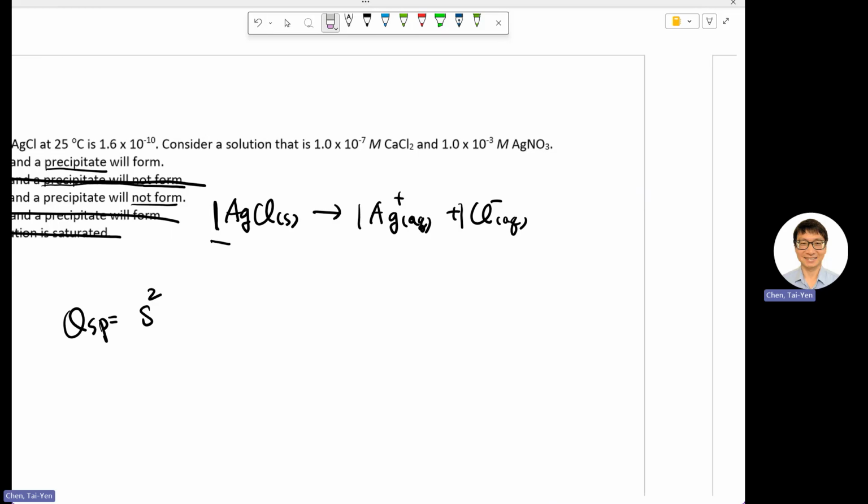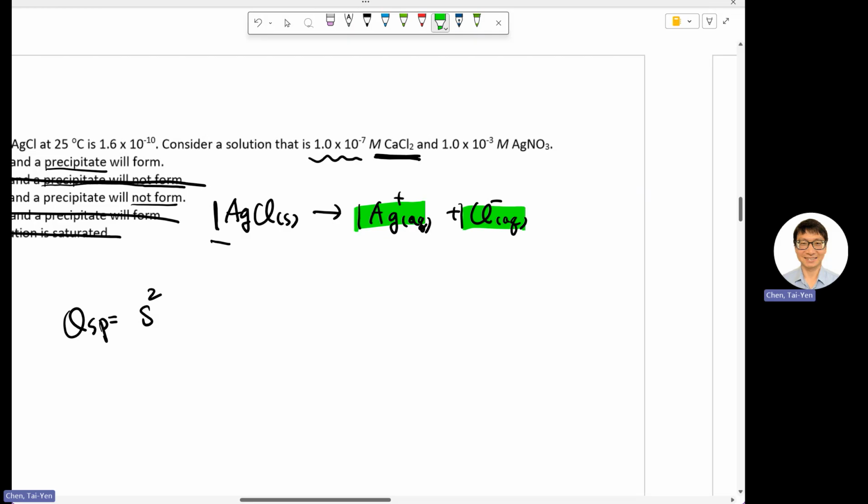And the concentration of these two species will come in from two other solutions. Okay. Let's look at the first solution you have. What is it? Calcium chloride. What's the concentration of that? 1 times 10 to the negative 7. Right? The thing I want you to pay attention to is that you should know what the ionic species you are looking for is. The ionic species must belong to these two, right? Because these are the two that are going to form precipitates.